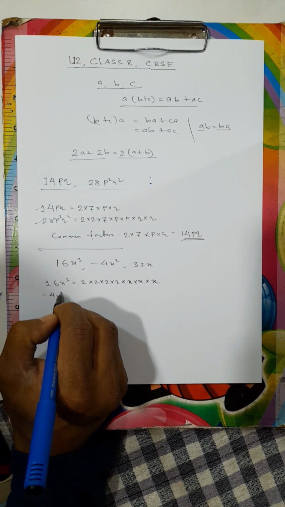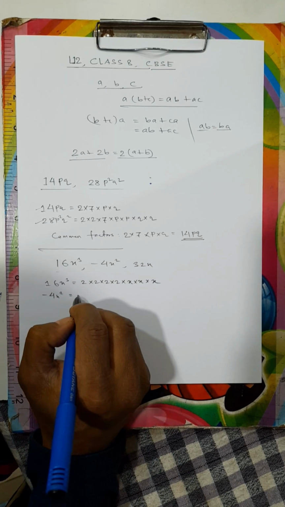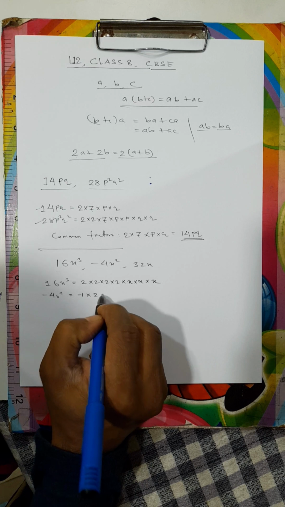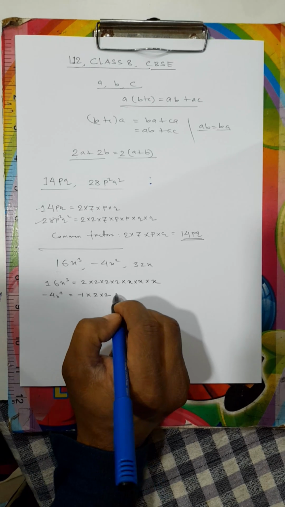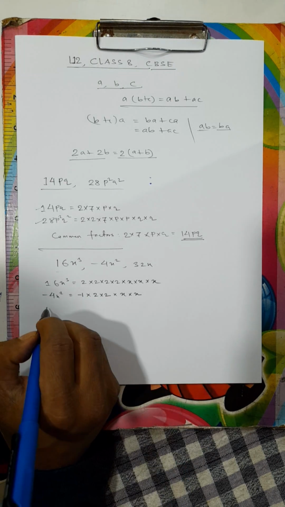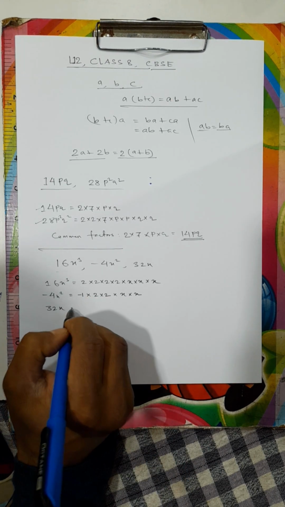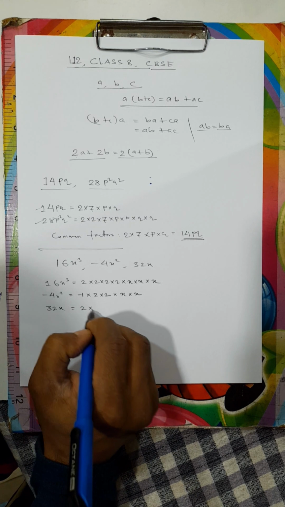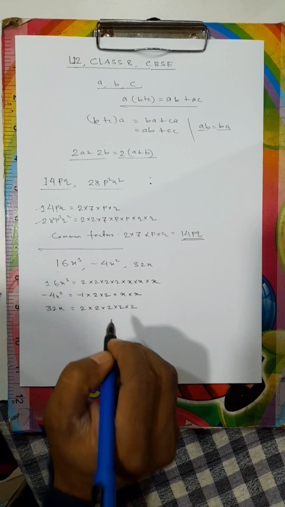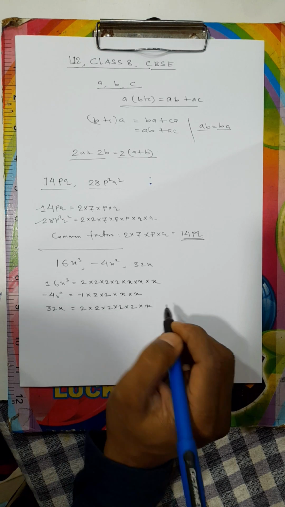Minus 4x square, you can write as minus 1 multiplied by 2 multiplied by 2, x square means x multiplied by x. 32x, this you can write as 2 multiplied by 2 multiplied by 2 multiplied by x.